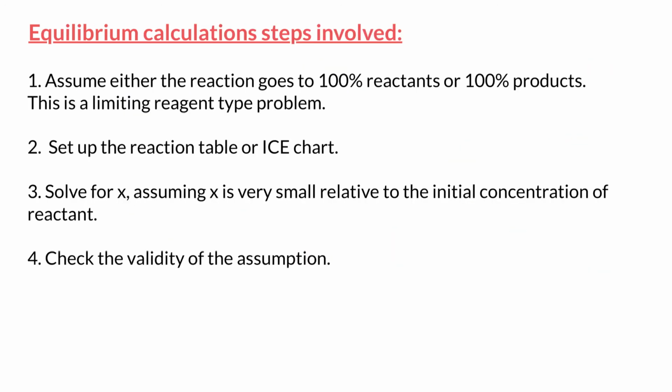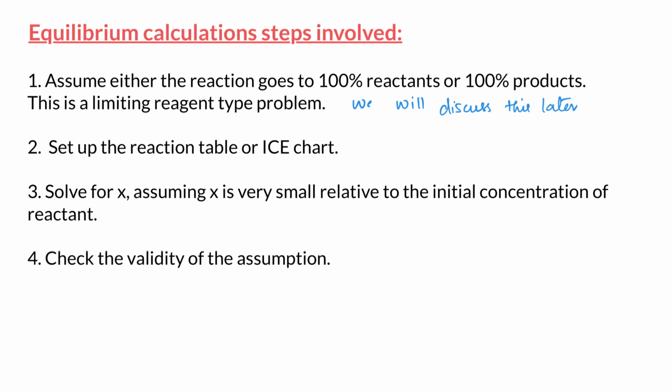In summary, the following are the steps involved when solving these equilibrium calculations. Step 1. Assume either the reaction goes to 100% reactants or 100% products. This is a limiting reagent type problem that we need to solve. Step 2. Set up the reaction table or ICE chart. Step 3.